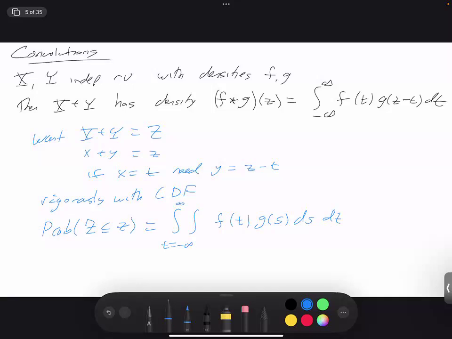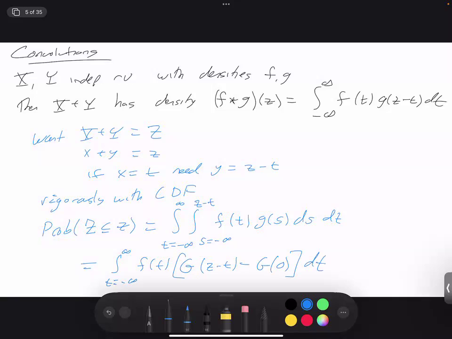And if I want the sum to be at most little z, then s is going to go from minus infinity to z minus t. And now what you can do is you first integrate with respect to s, and you would get the integral over t from minus infinity to infinity of f(t), the antiderivative at z minus t minus the antiderivative at minus infinity, dt.